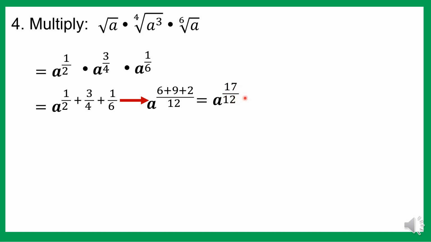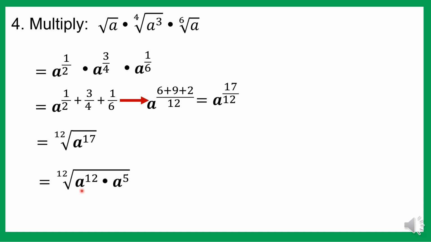And then, babalik po natin ito into radical form na magiging 12th root of a raised to the power of 17. Okay, observe natin na meron tayong variable inside the radical symbol with the exponent of 17, na kung saan si 17 ay pwedeng i-divide sa ating index na 12.